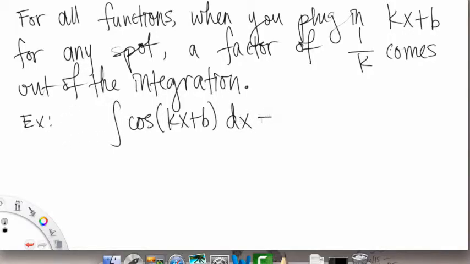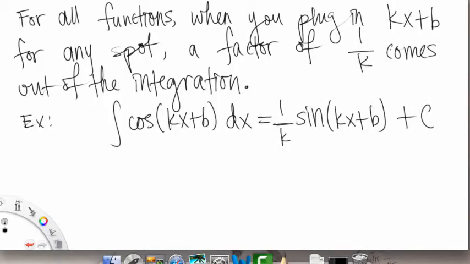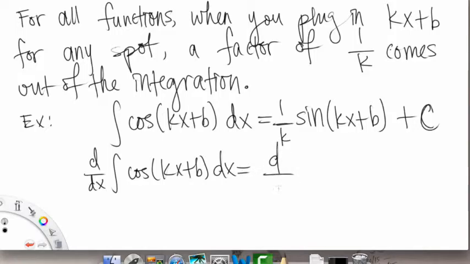When you integrate it, instead of just having sine of whatever's inside, what we're going to have to add in the front is a 1 over k, this factor here, along with our plus c, of course. Because if we d/dx both sides, let's do that. We differentiate once with respect to x, so that'd be 1 over k, sine of kx plus b, plus c.